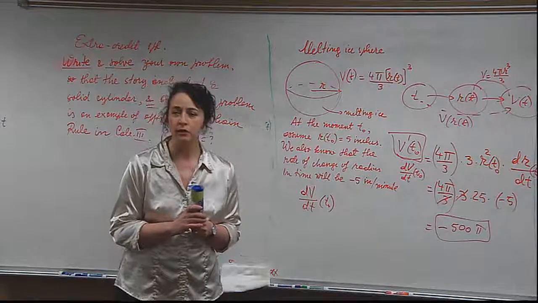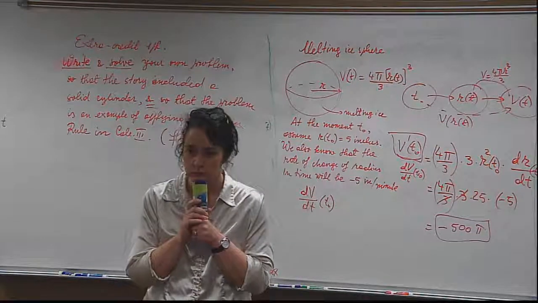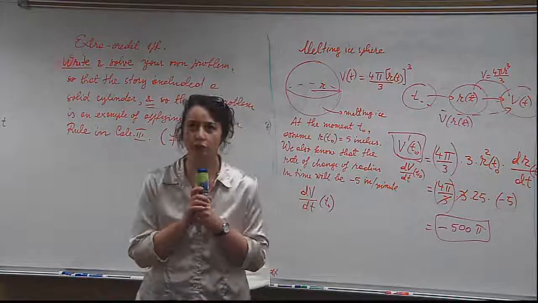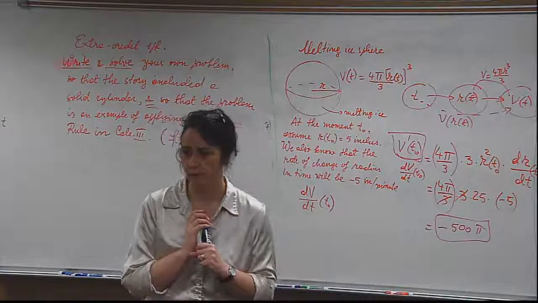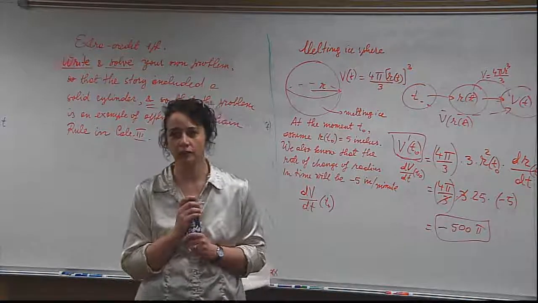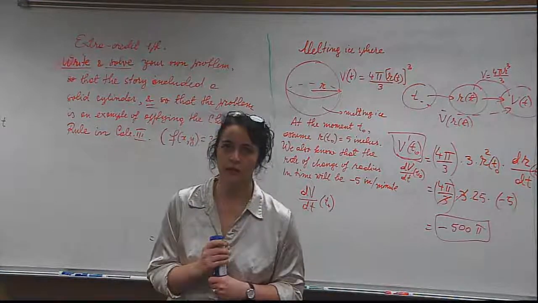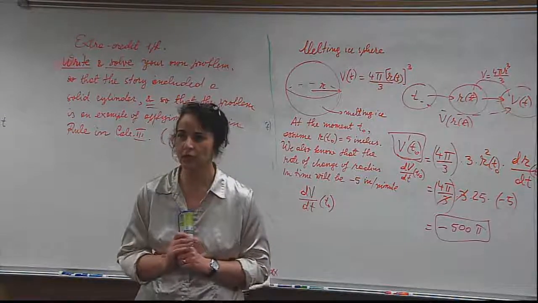Okay. Quick question. Yes, sir. What did we solve for? What is the negative 500 pi? This is the speed with which the volume is shrinking at time t0. Okay, so the rate of change of the volume at time t0. And this is something, by the way, how I would like you to state it.